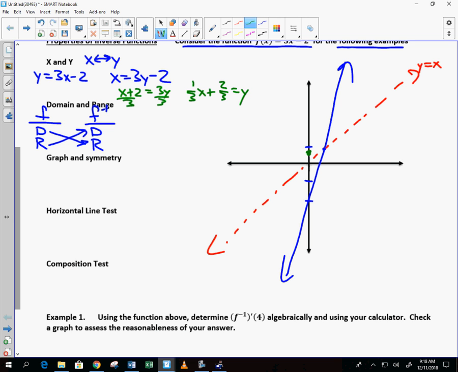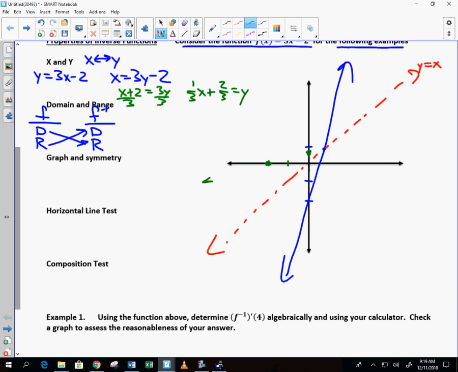Number one, it crosses the y-axis at 2/3. Does anybody know where it crosses the x-axis? Close. If this function crosses the y-axis at -2, its inverse is going to cross the x-axis at -2.